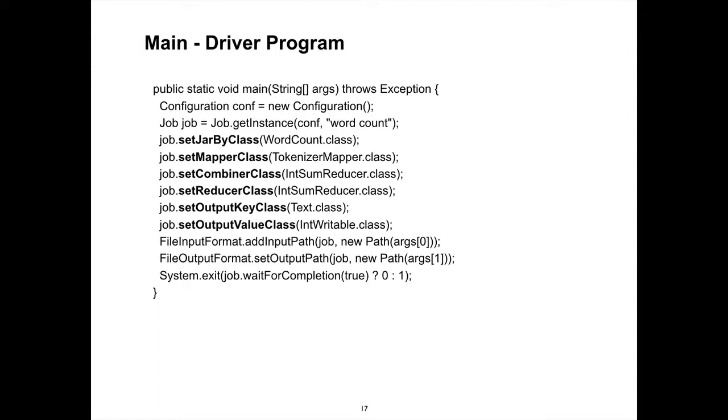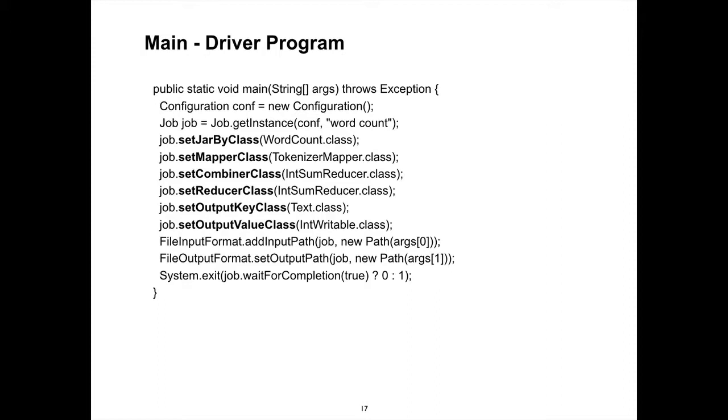And then the mapper class. And then there's a combiner class and the reducer class. The combiner is going to be done on each machine, and the reducer will be done overall. And so we're using the same reducer, right? One to reduce it locally before the shuffle, and the other one to do it after the shuffle.